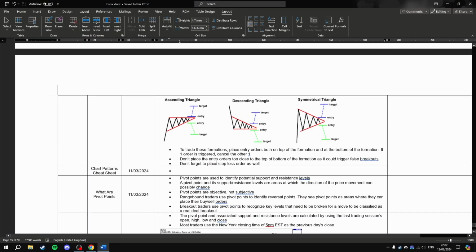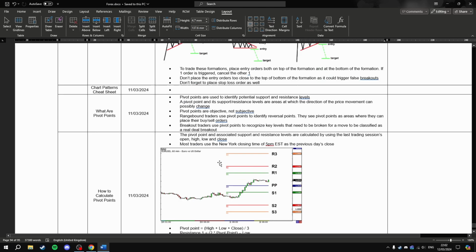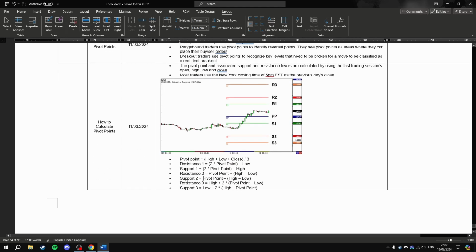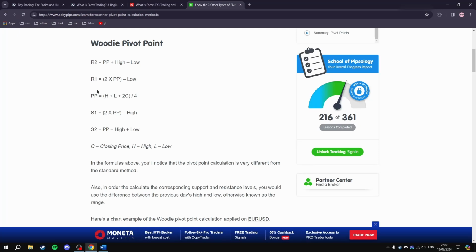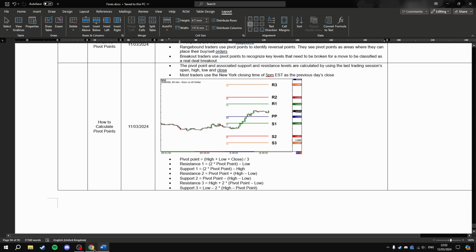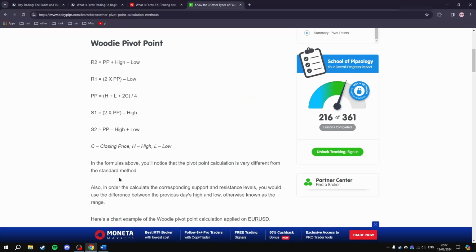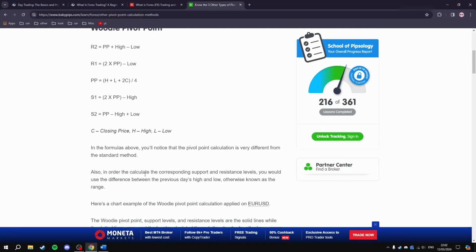What was the standard method for pivot points? High plus low plus close divided by 3. Woodie is high plus low plus 2 times close divided by 4. In order to calculate the corresponding support and resistance levels, you would use the difference between the previous day's high and low, otherwise known as the range.